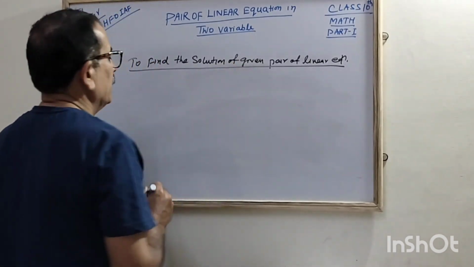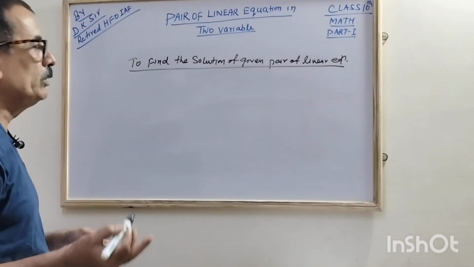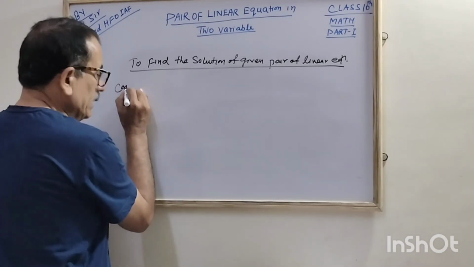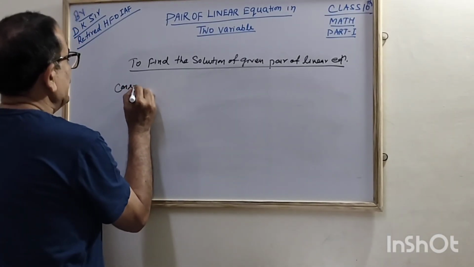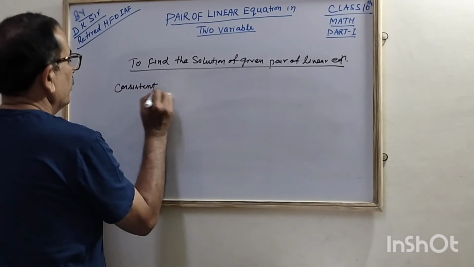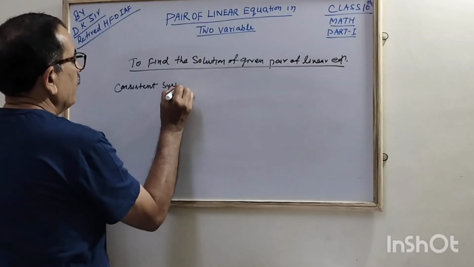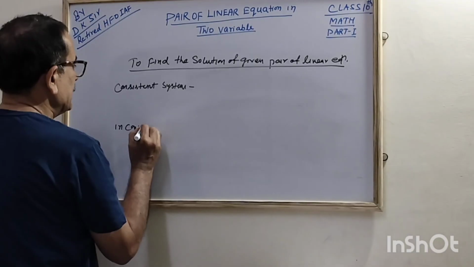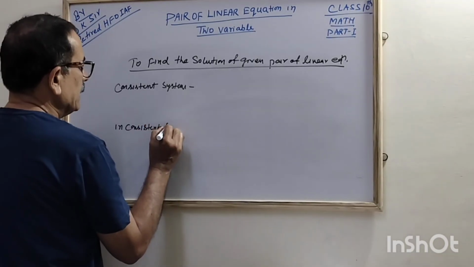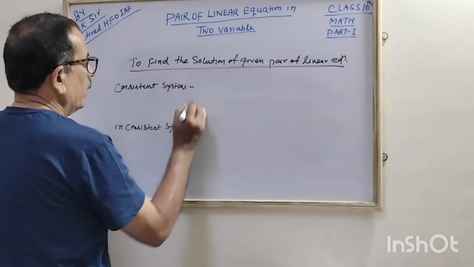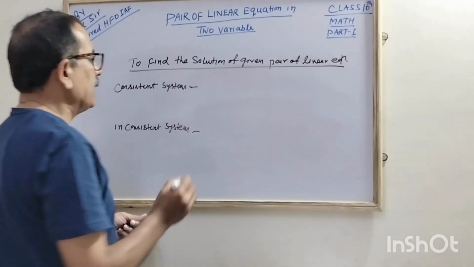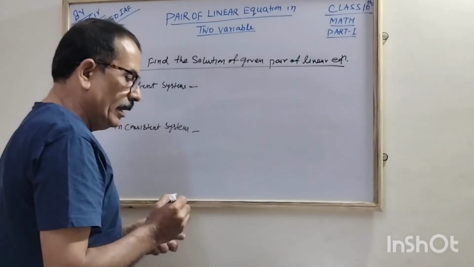Before we learn how to find them, there are two terms we should understand. The first is a consistent system. What is that? The other is an inconsistent system. The consistent system is one in which you find at least one solution. Correct?